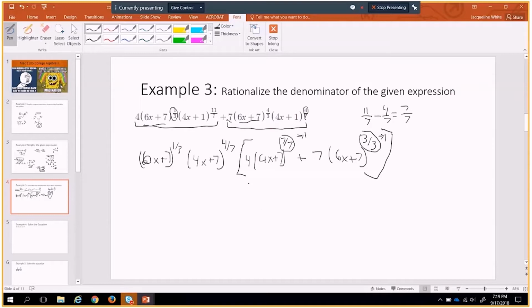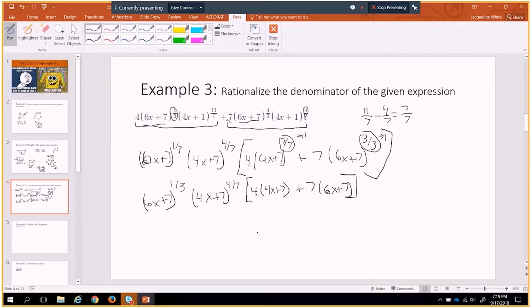So what we are really left with in the bracket, we have a 4 times 4x plus 1, plus 7 times 6x plus 7, all in the bracket, all right? And we're also left with these factors out here, all right? Don't forget these factors, okay, guys? If you do, you're going to get the question all wrong.